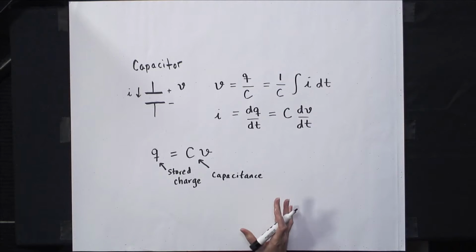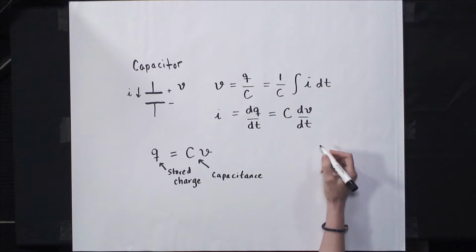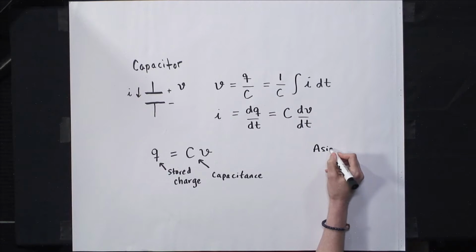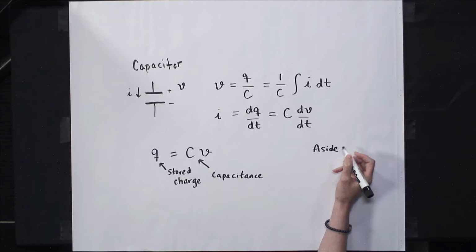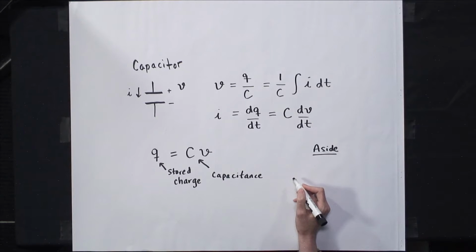As an aside, if you find yourself looking at a circuit diagram as part of your work or research, you might notice that sometimes there are 2 different versions of how a capacitor circuit element is drawn. Let's write a little aside about that, as you might see these in your future journeys in circuits.